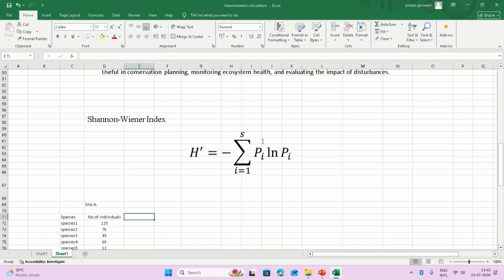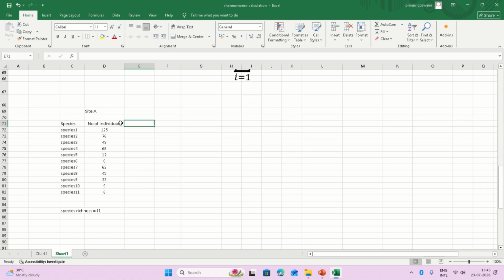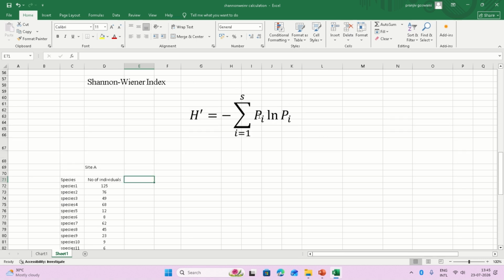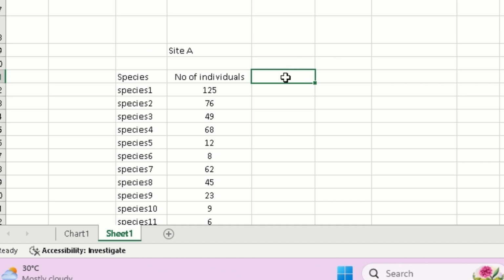So to find out the Shannon-Wiener index of this locality, we need to first calculate Pi. As you know, Pi is the proportion of each species in that community.